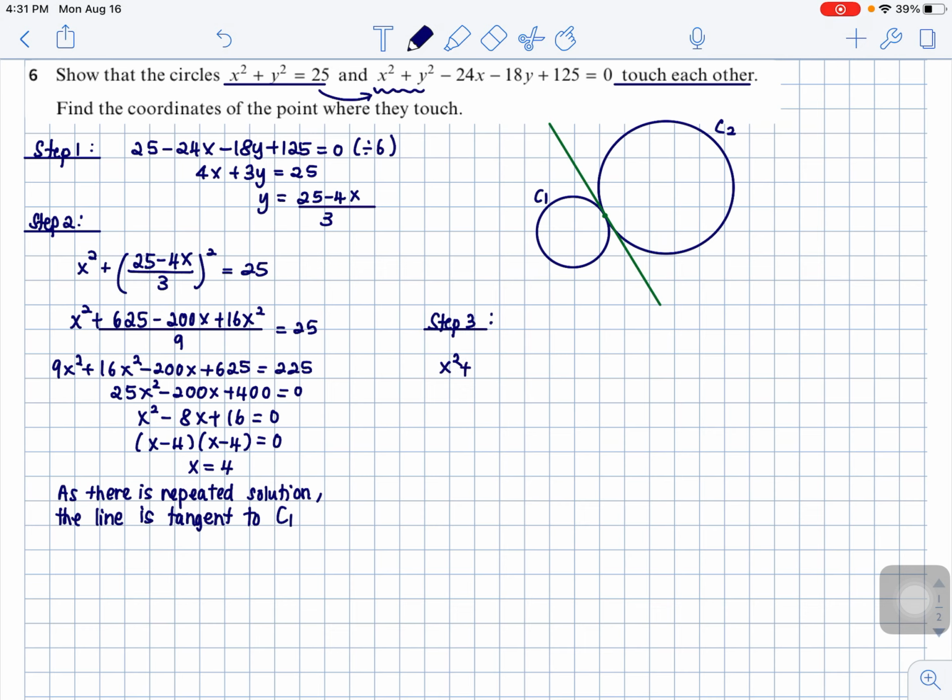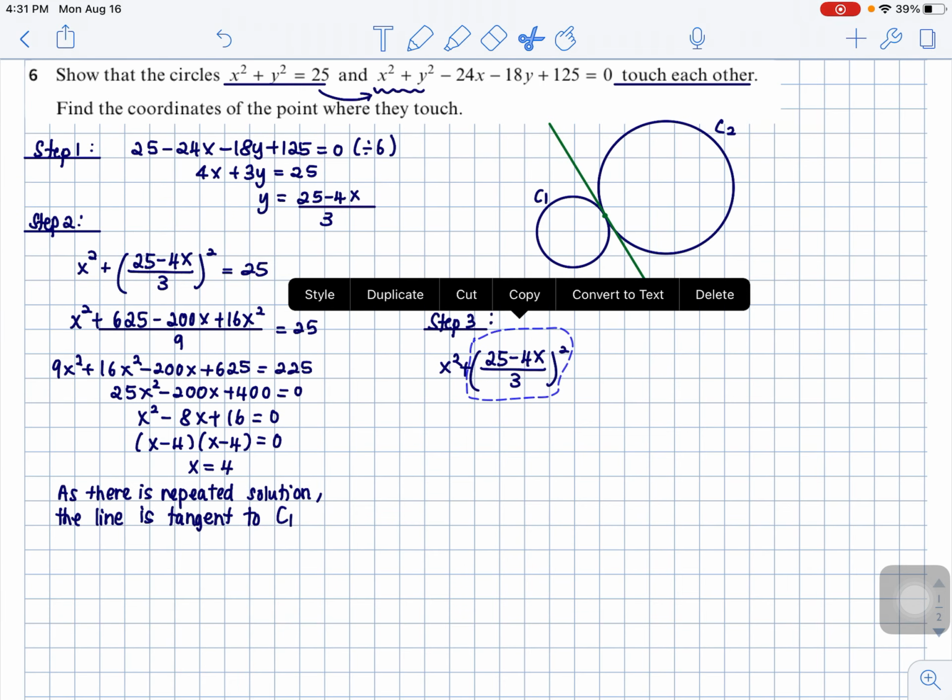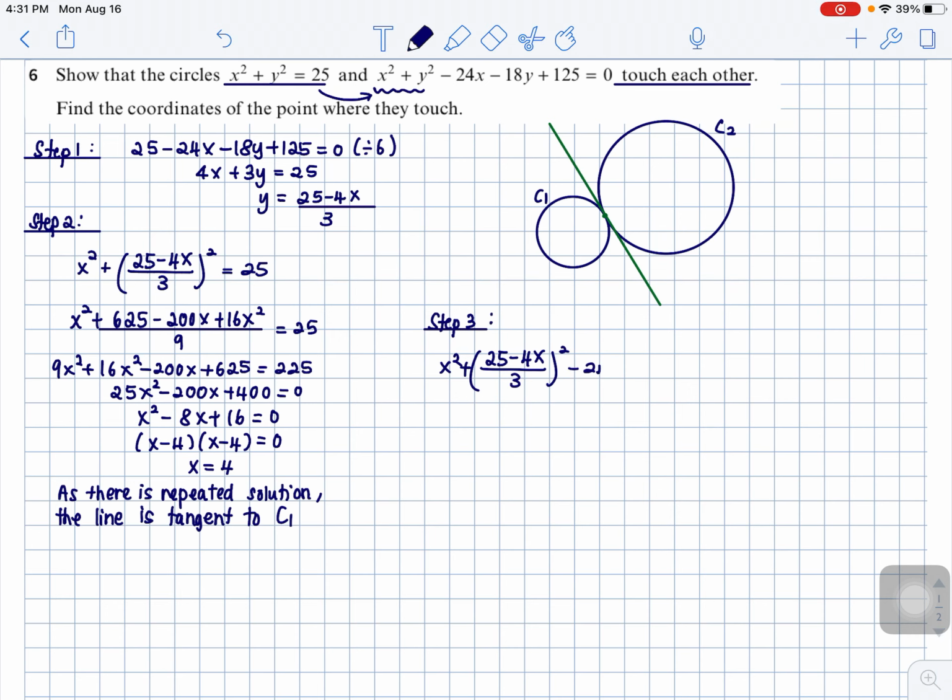A little tedious, but you try. Can you see what I'm doing? I have a y here and y here, right? So I substitute this particular y. Rearrange.